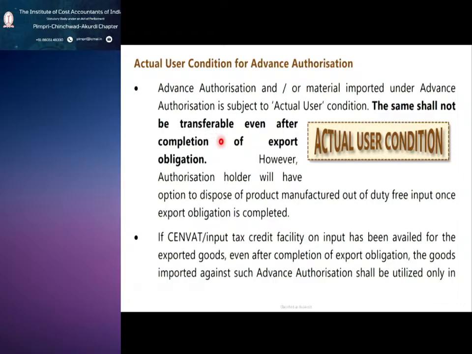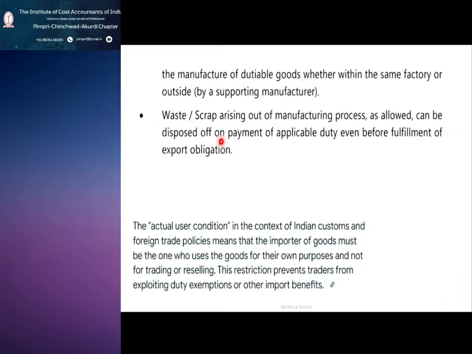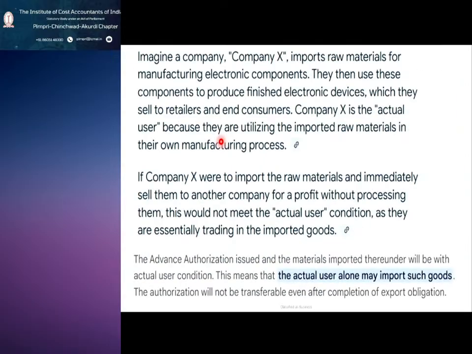Then now the actual user condition. I have this example. We will see this one and then we go back to our study material. A company X imports raw material for manufacturing electronic components.